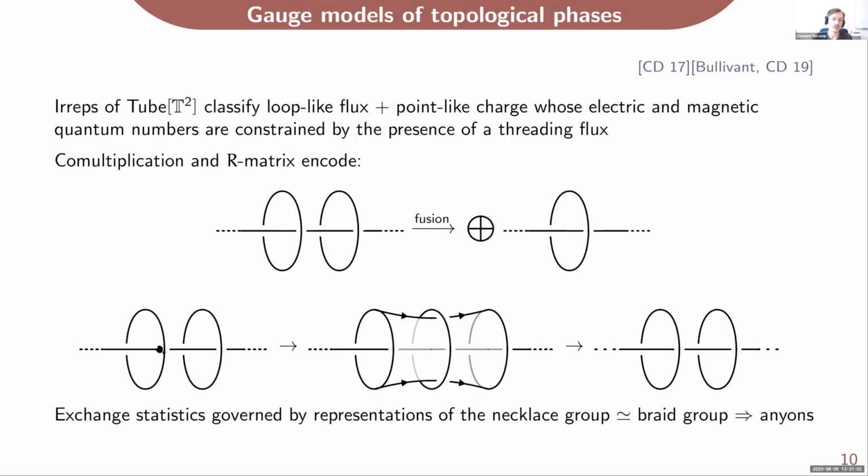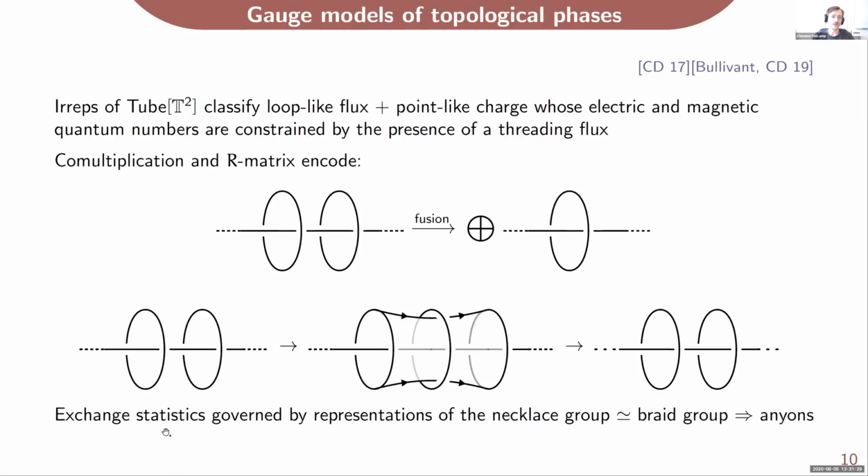Similarly, the braiding encoded in this R matrix, in that case, means exchanging position by going through the other loop. This can only take place if they are threaded by the same flux as well. And so this is a way to mathematically encode the so-called three-loop braiding statistics that people have been considering for a while in the community.